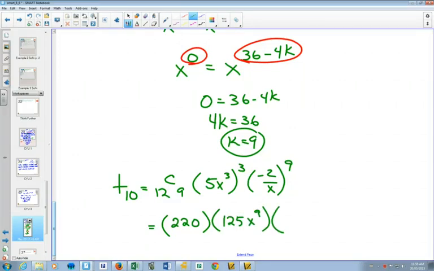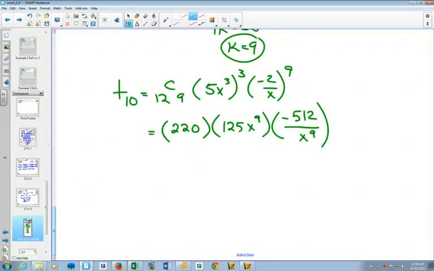And negative 2 to the power 9 is negative 512 over x to the 9. Multiply our numbers together. There it is. And the x's will cancel out, so there's our constant term.